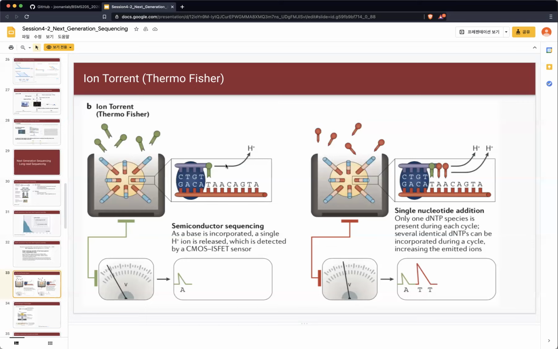Ion Torrent is good, but it has some problems with repeat sequences, especially if you have a run of the same base like A or T, where the current level detection is a bit less accurate. Because of these issues, people don't really want to use the technology, and its popularity is going down, right?